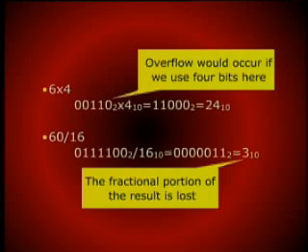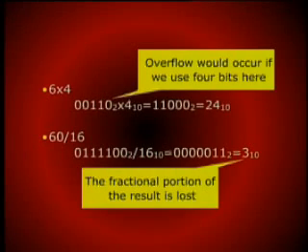Similarly, if we divide 60 by 16, 60 represented in binary would be 0, 1, 1, 1, 1, 0, 0, and we need to divide it by 16, which corresponds to shift right by 4 positions, and that would become 0, 0, 0, 0, 0, 1, 1 in binary, and the fractional portion of the result would be lost, and we have only 3.